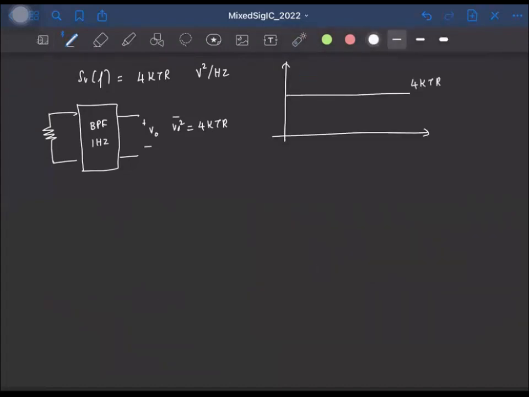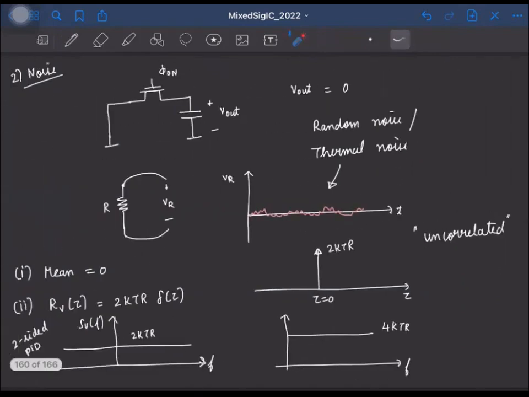So the way to model this noise is as follows. Here we have this resistor, which is noisy. Let's say I call these terminals A and B. We can model it by having a noiseless resistor like this, and in series, a voltage source Vn that models this random noise.